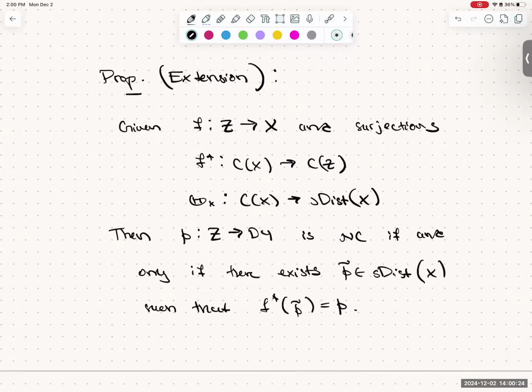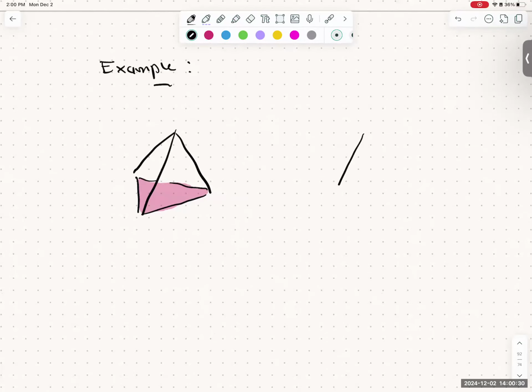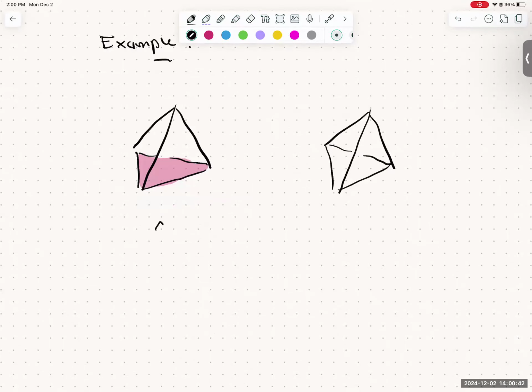It's telling us that we have f from Z to X, and then let me give you the other space, which is just the boundary of delta 3, like this. So all the faces are included. I know there's some notation for this. This is the boundary of delta 3.